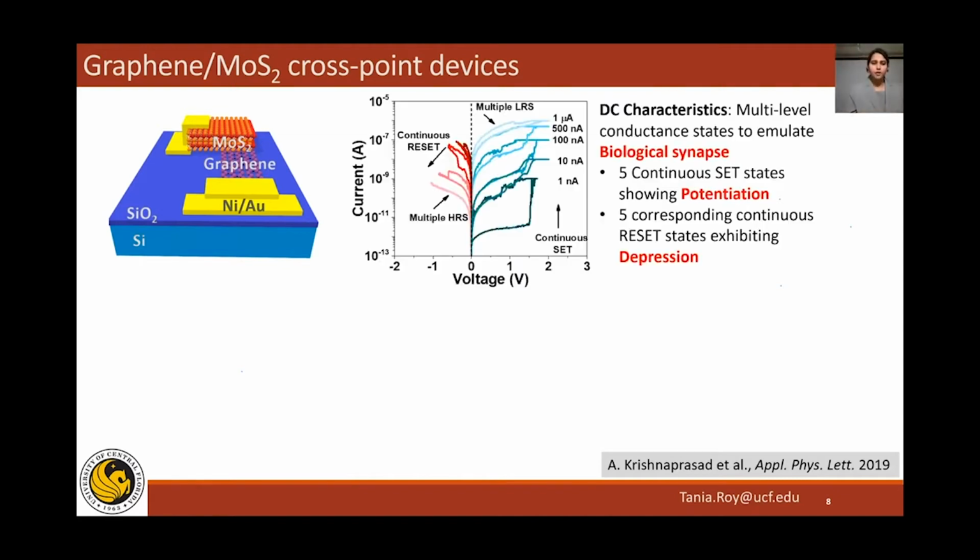And here, what do we observe? First, the DC characteristics. Here you see current versus voltage of this particular device, where we are seeing multiple conductance states. When we clamp the current at certain values, we can see hysteresis, and then we see multiple conductance states, both in case of set, which is potentiation, and reset. A noticeable thing is that the operating currents are really low.